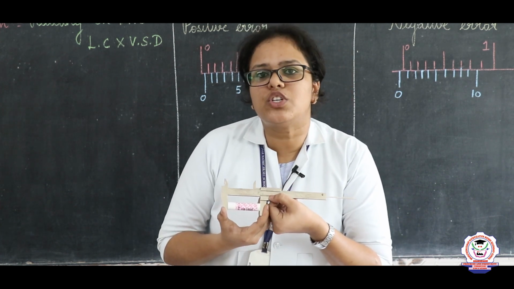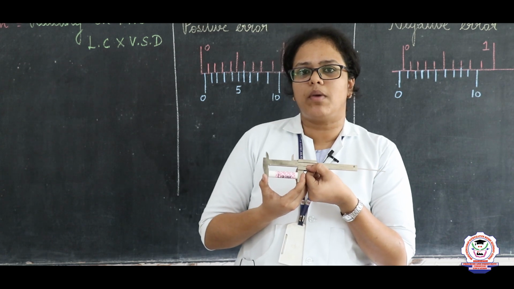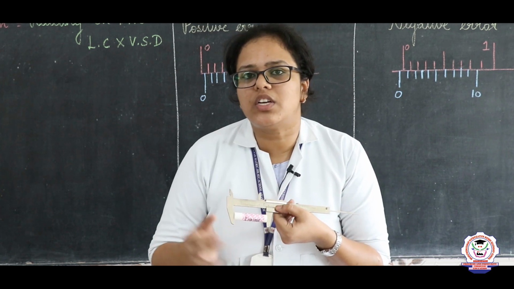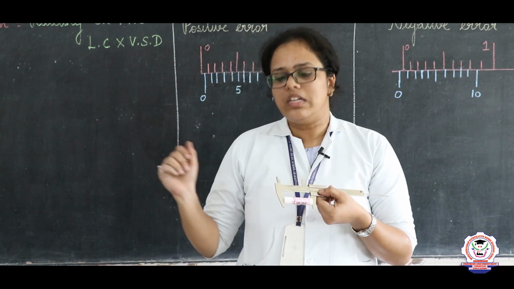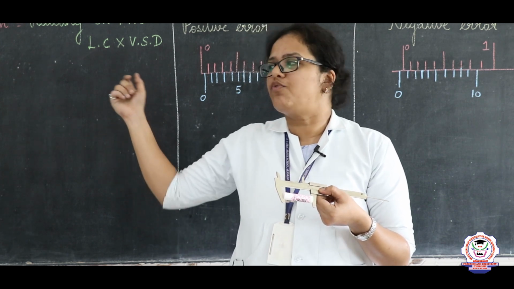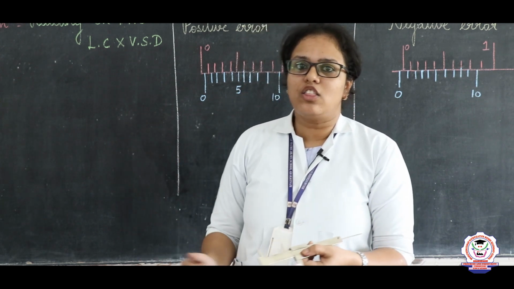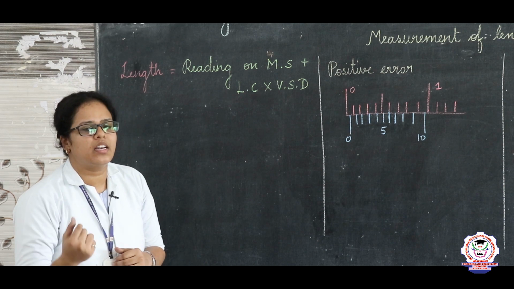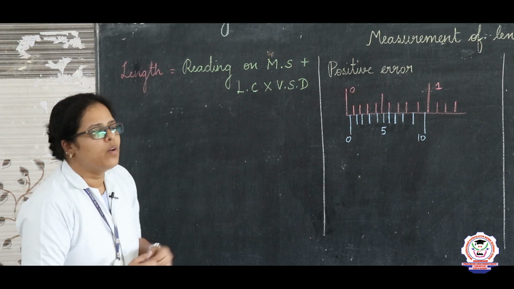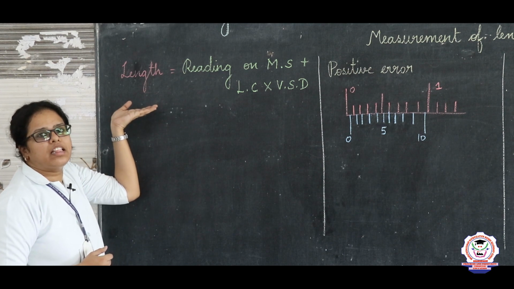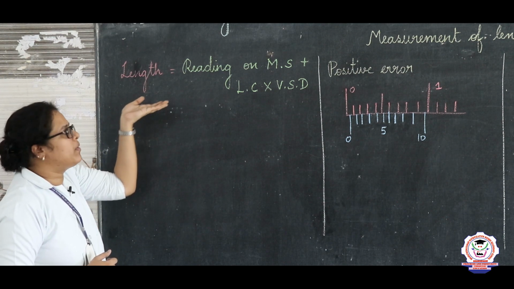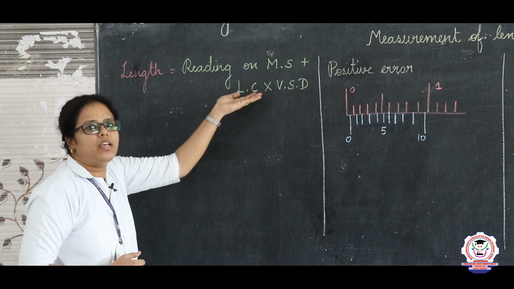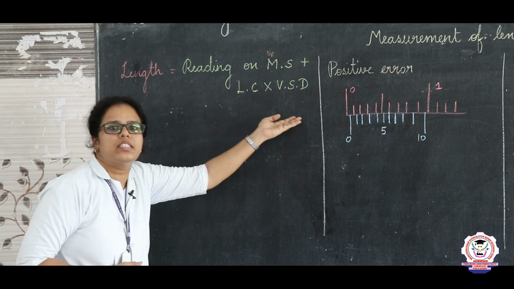Here the third division of the vernier is coinciding with the main scale, so the vernier scale division is 3 in this case. Now there is a formula to calculate the length of an object. We have observed the main scale reading and the vernier scale division on the vernier caliper. The length is given by the reading on the main scale plus the least count times the vernier scale division.